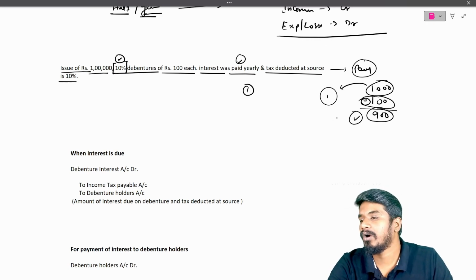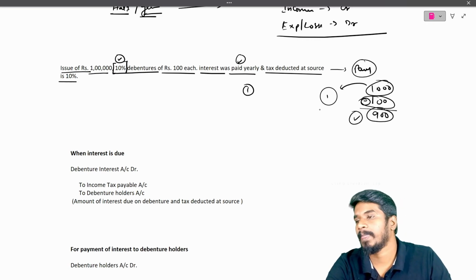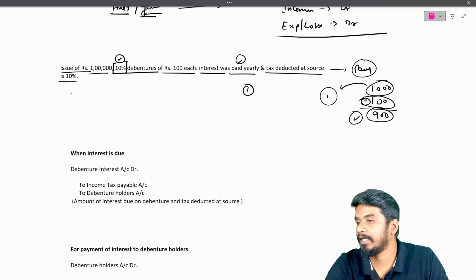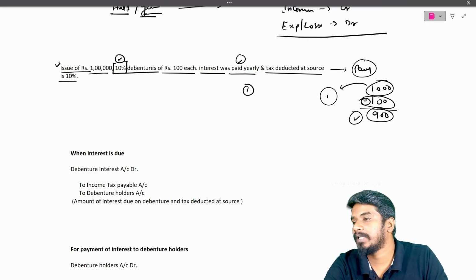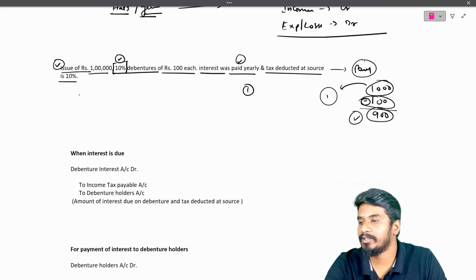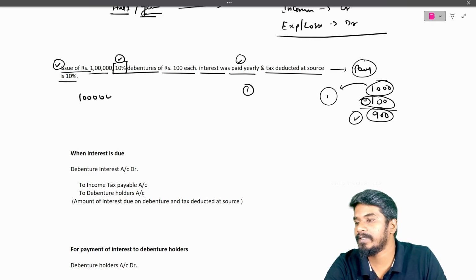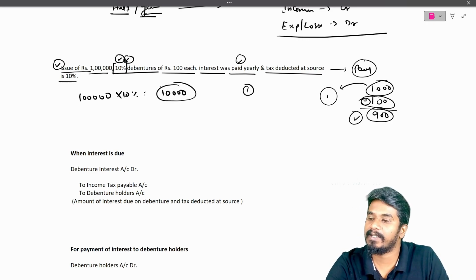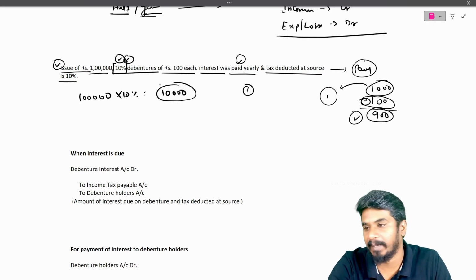So let us see how we can journalize these things. Before that, let me calculate something for you that will be easier. The issued debenture is worth 1 lakh rupees, correct? The interest rate is 10% yearly, which means 10,000 is the interest the company is going to pay.